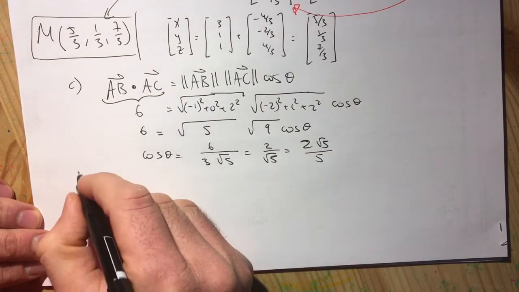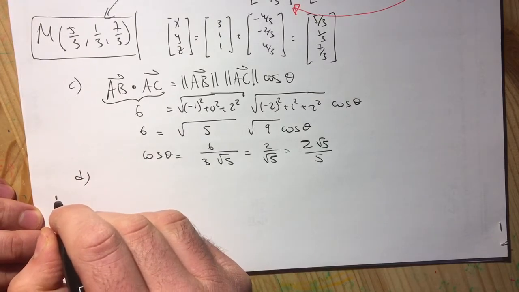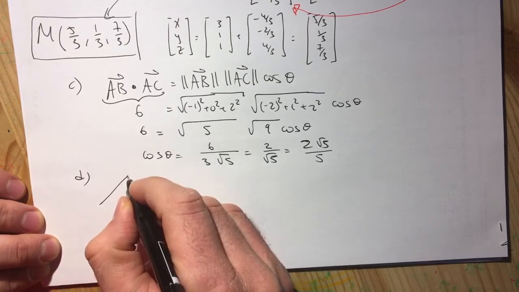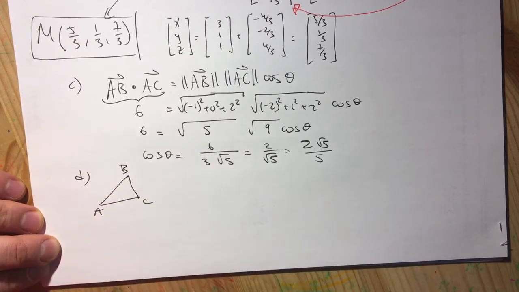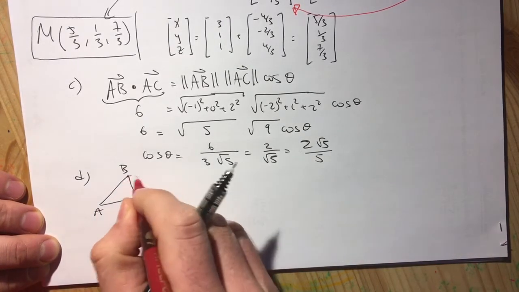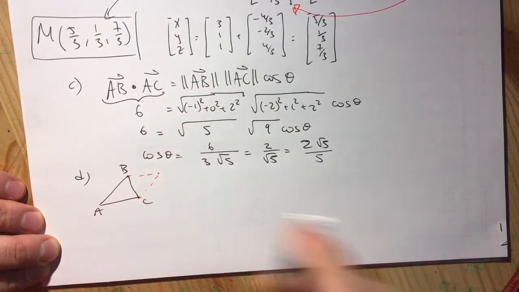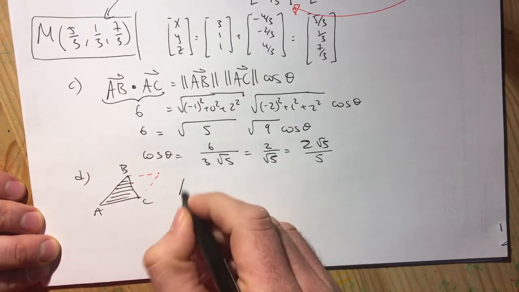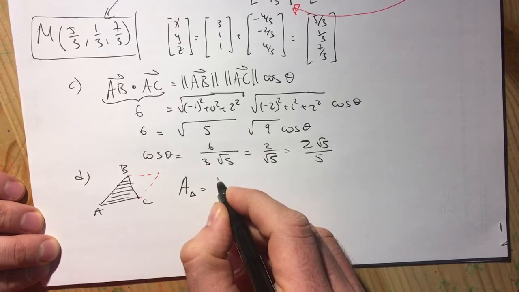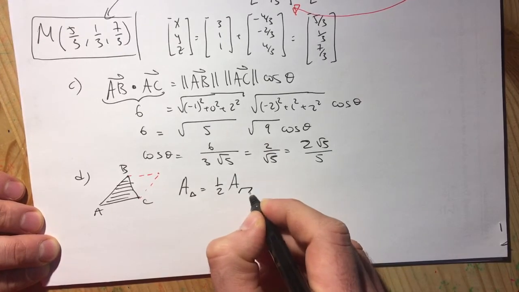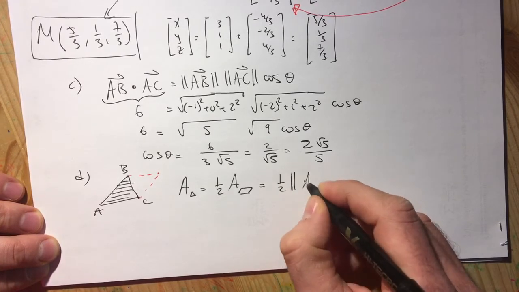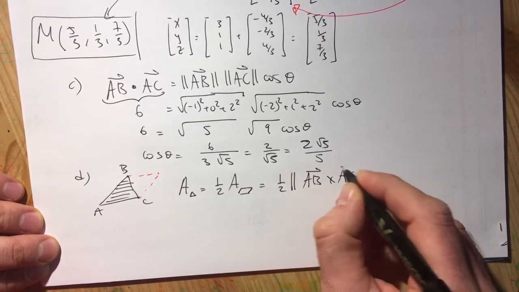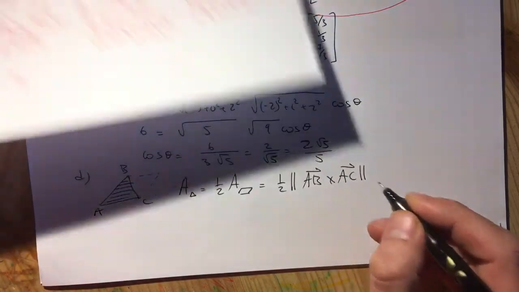And finally, question D. Find the area of the triangle with vertices A, B, and C. Okay, we know that this area right here, the area of the triangle, is 1/2 the area of the parallelogram, and that area is being found as the norm of AB cross product AC, but we already did that in here.